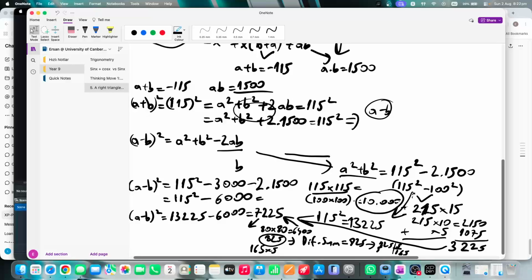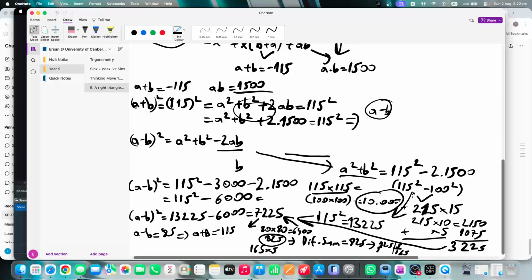Can I simply understand it from here? Yes, I can, because if I increase 80 by 5, it gives me 85, which is a minus b. I also know a plus b is minus 115, so the difference between them is 85.